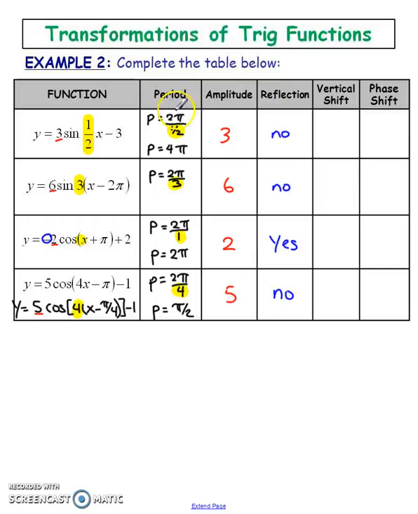Okay, so you take 2 pi divided by your k value, and then you get your period. So 2 pi divided by half is 4 pi. This should make sense to you because 2 pi is 360 degrees, right? Well, now it's doubled in length to 4 pi, which is 720 degrees.